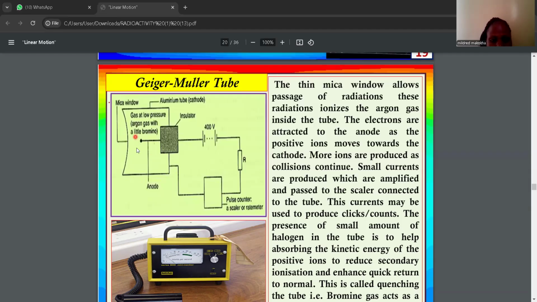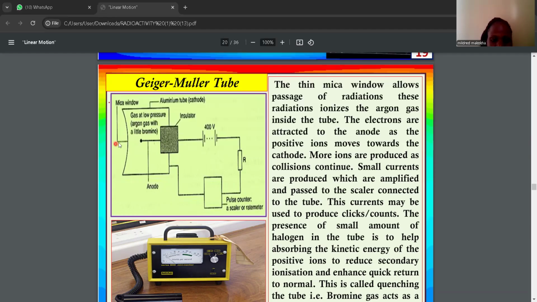The negative ones will be attracted to the anode and they'll cause a current to flow. And then when a current flows, there are some counts that will be registered on the pulse counter. So when we have some count on the pulse counter, that is a clear indication that the source that is placed here is actually radioactive in nature.